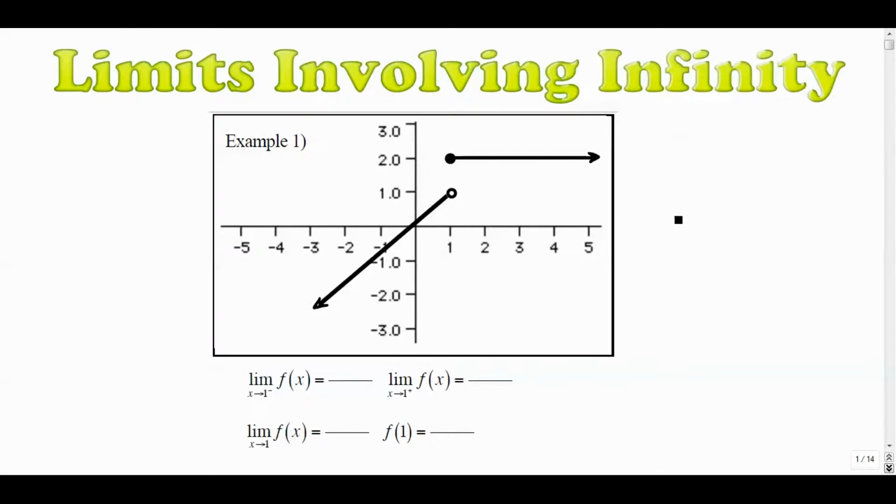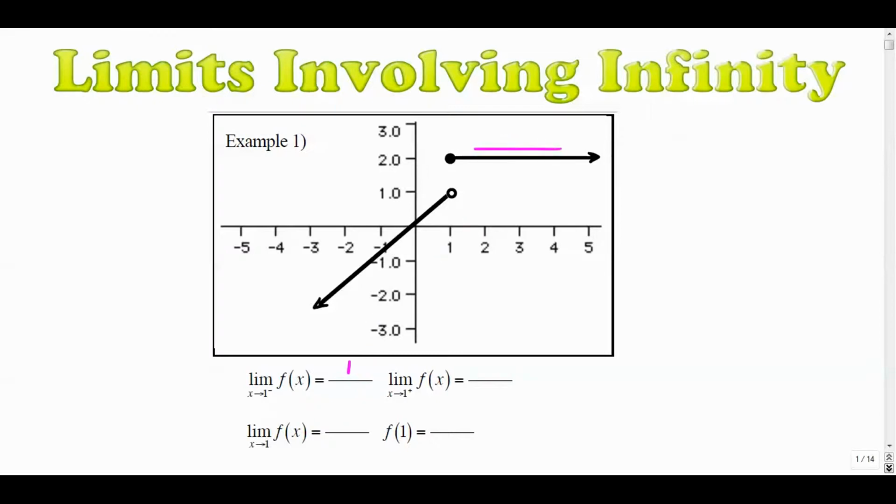So let's start. The limit of the function as x approaches 1 from the left. So we're going to find 1 on the x-axis and approach the function from the left of that. As the function comes in from the left and the x value approaches 1, the y value seems to get close to positive 1 as well.